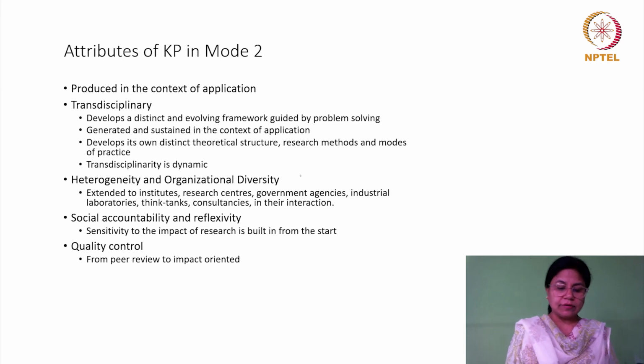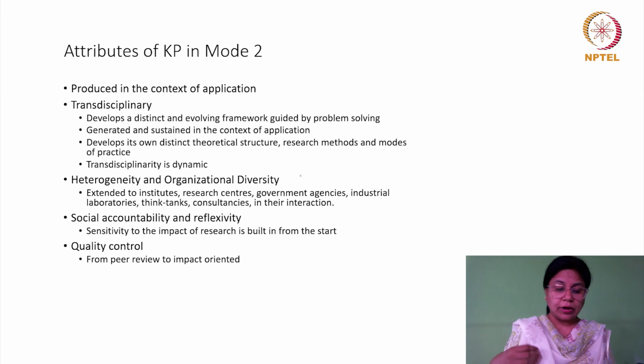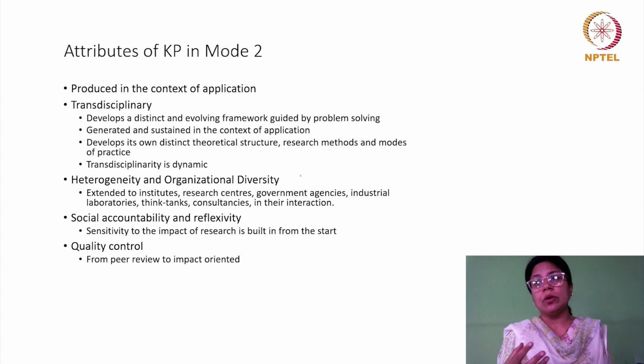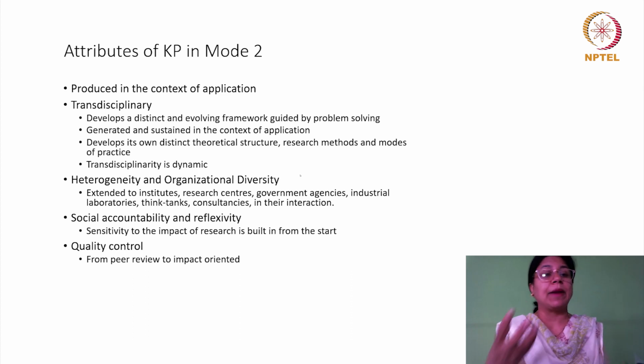And here the knowledge results from a broad range of considerations, and knowledge is intended to be useful to someone, whether we are talking about an industry, a government, or society at large. In fact, the authors have also pointed out that when you talk about mode 1, the terminology you use for knowledge creation is mostly limited to science, different disciplines of science, and scientists and practitioners.